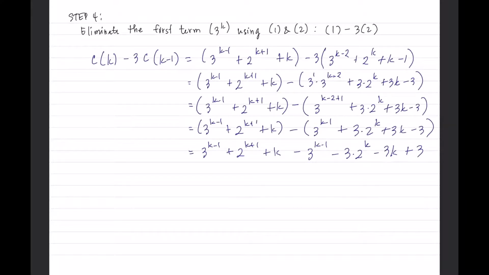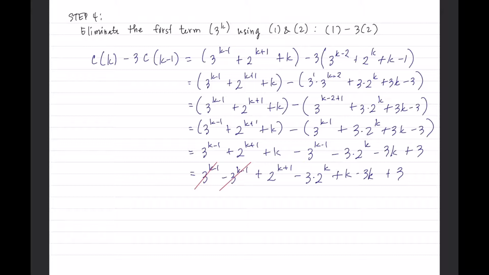That would give us the next equation, and that is equal to 3 raised to k minus 1 minus 3 raised to k minus 1 plus 2 raised to k plus 1 minus 3 times 2 raised to k plus k minus 3k plus 3.